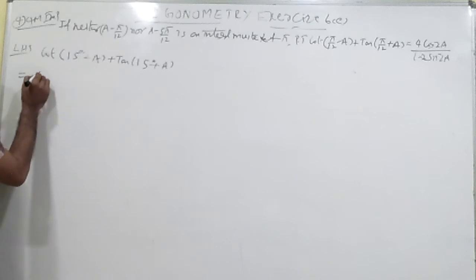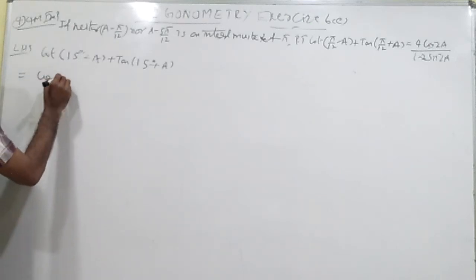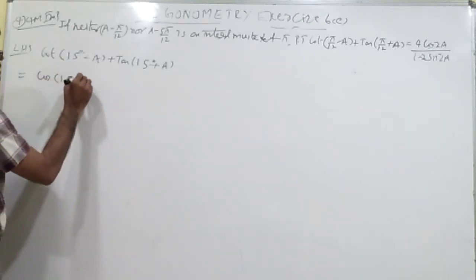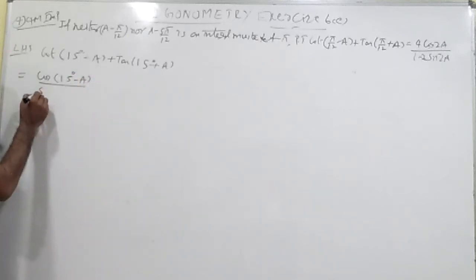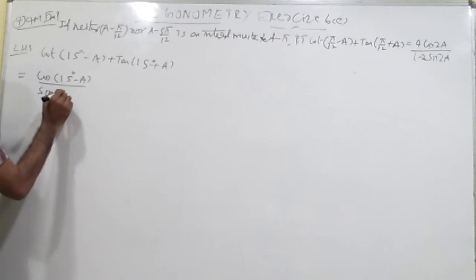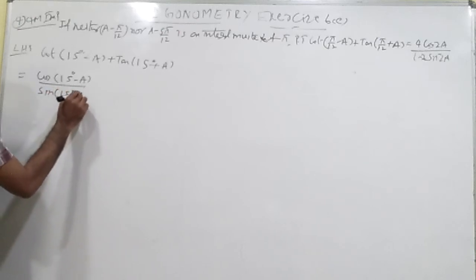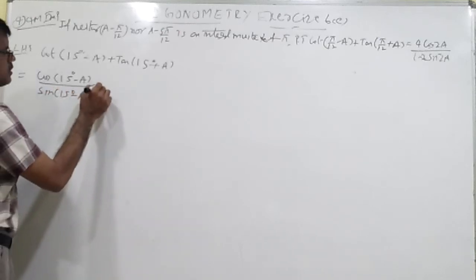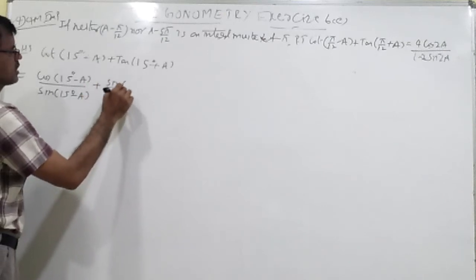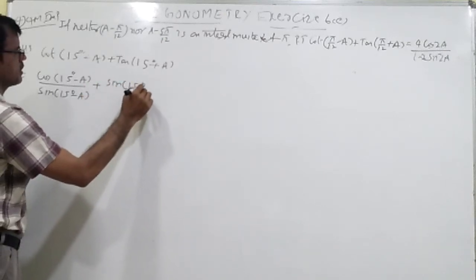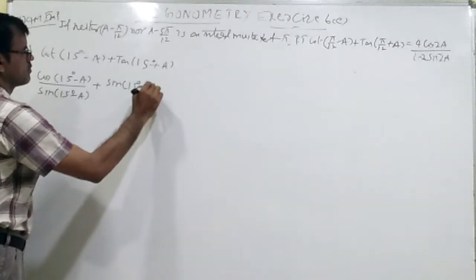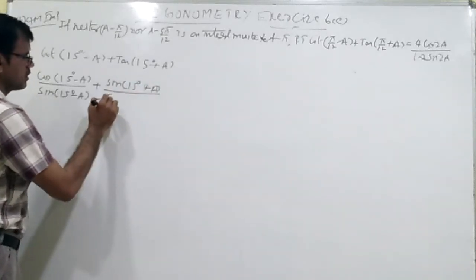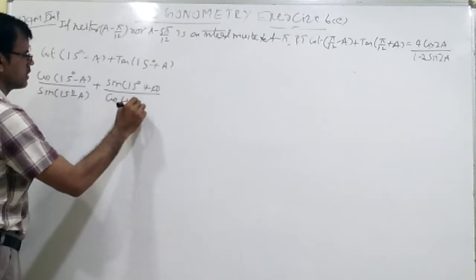Now, better to change cot theta as cos theta by sin theta: cos of (15 degrees minus a) by sin of (15 degrees minus a), plus tan theta can be written as sin theta by cos theta: sin of (15 degrees plus a) by cos of (15 degrees plus a).